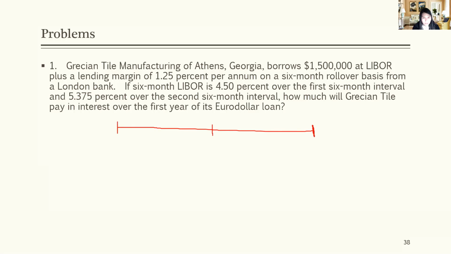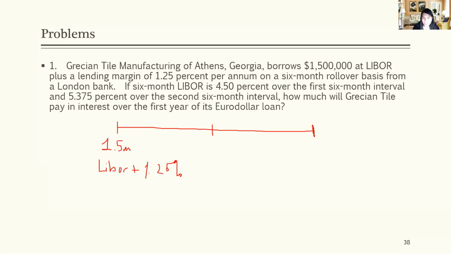So let's take about 5 minutes or so to solve this question. Here I've got a loan with a principal of 1.5 million, and it is going to be LIBOR plus a margin of 1.25%.